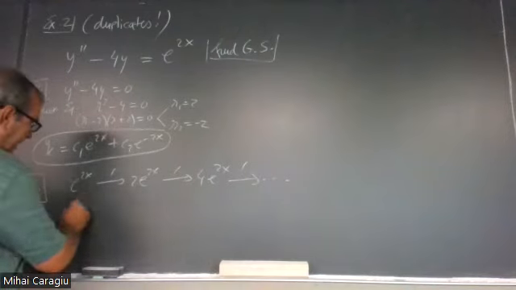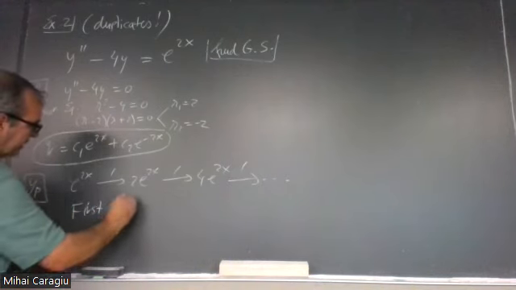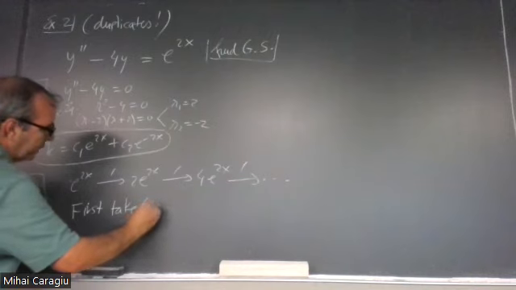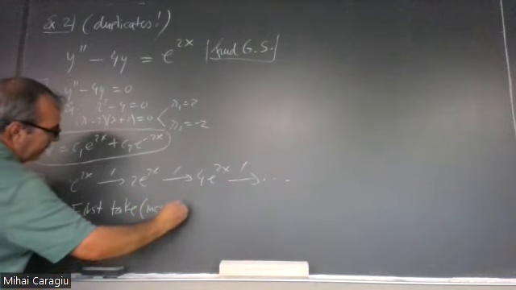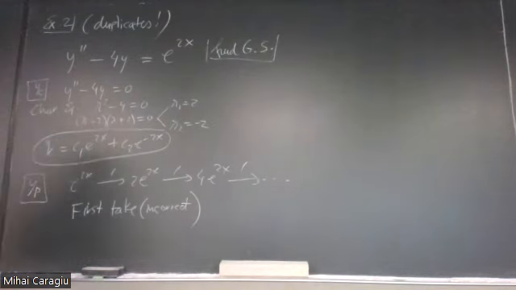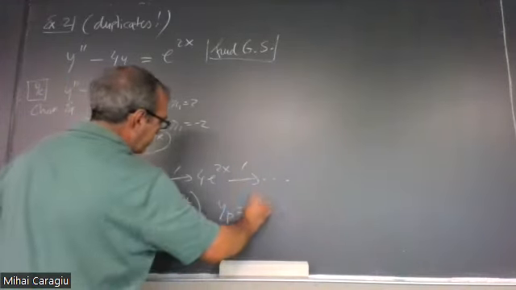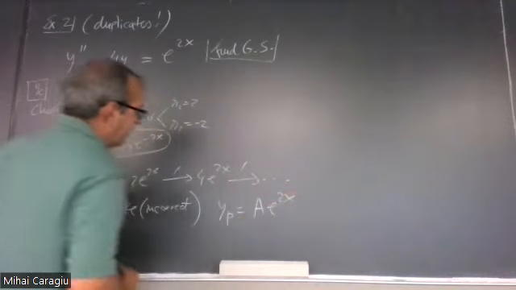So the first take, which is incorrect, but I want to describe the process of thinking. First take is a linear combination of all the linear independent terms which appear in this process. As before, the first take is y sub p equals a e to the power 2x.